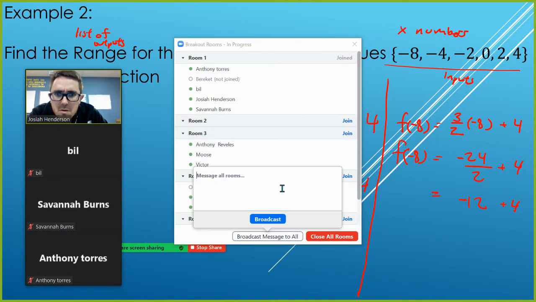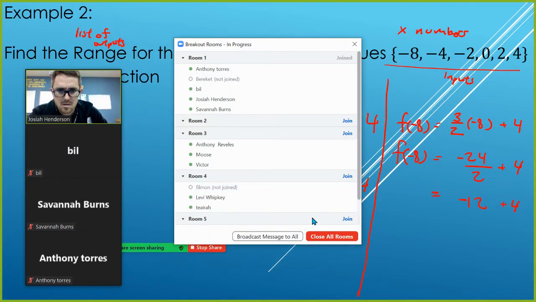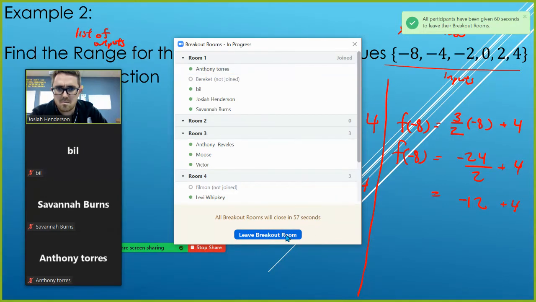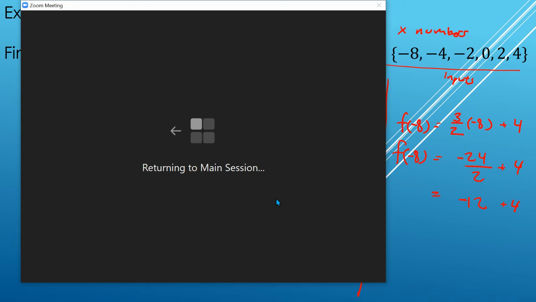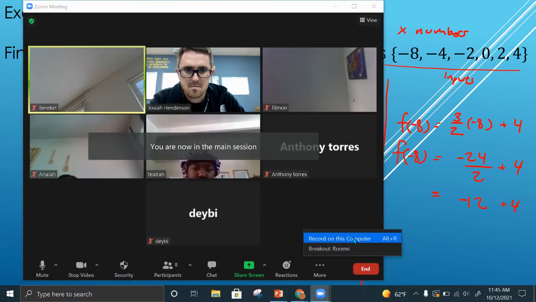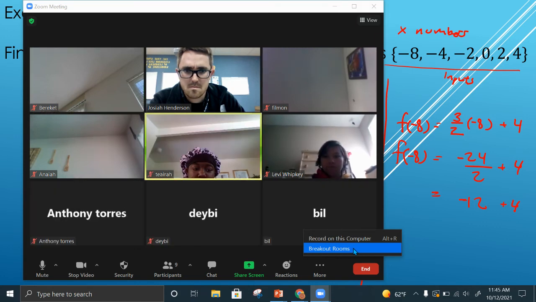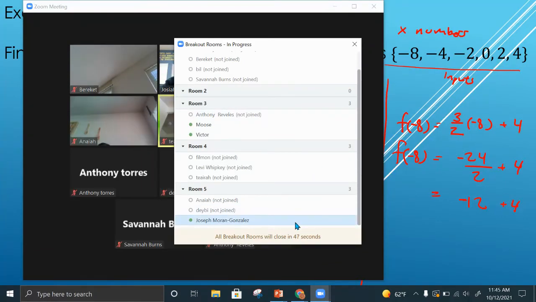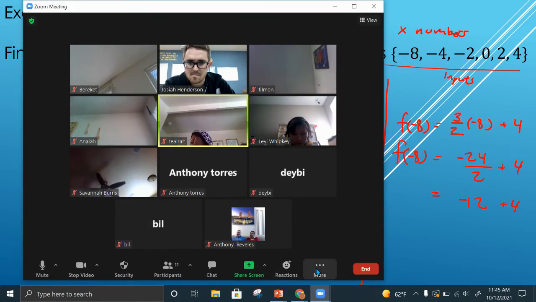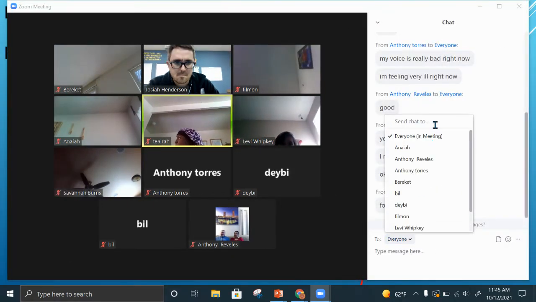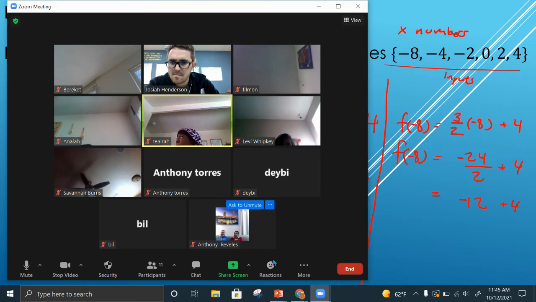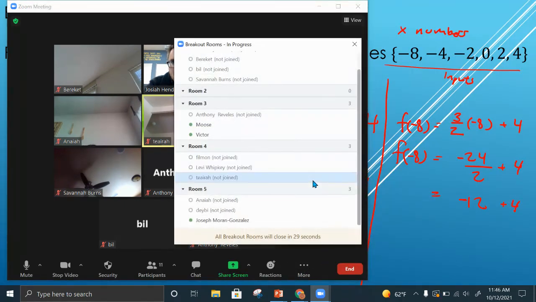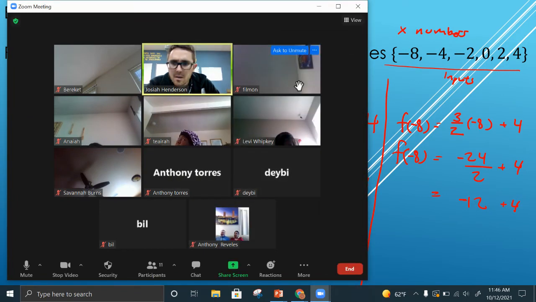Breakout rooms. Okay, so there's 3 people still in their breakout room. They should have gotten the message.